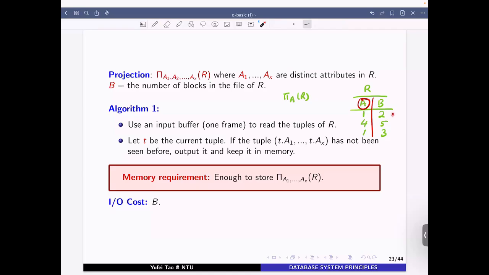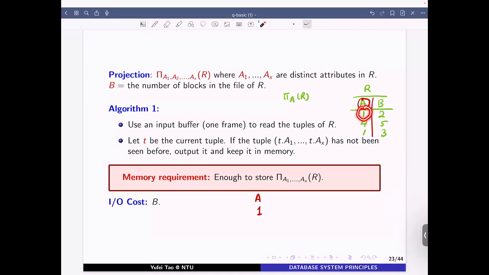It performs one scan over the relation, just one scan. Now, how do we get the A values of R? We read the first tuple, and then we get this 1. Since this is the first tuple we read, this value 1 is seen for the first time.